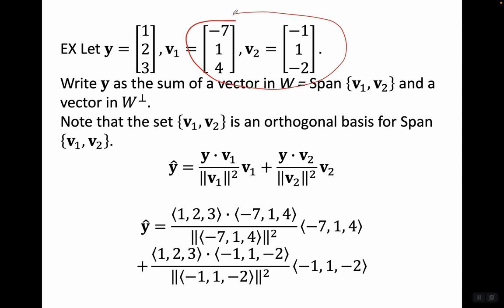So y hat is going to be y dot v1 over length of v1 squared times v1 plus y dot v2 over length of v2 squared times v2. So here's y dot v1 over length of v1 squared times v1. And here's y dot v2 over length of v2 squared times v2.